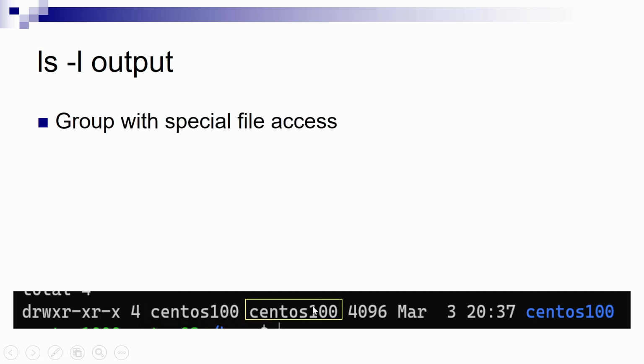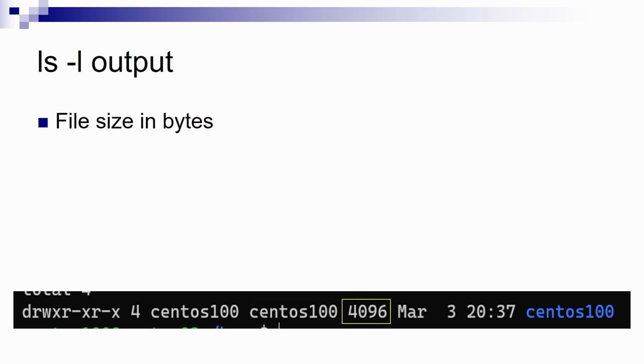And this other string represents a special group that has file access specifically granted to the directory or file. We are going to see how this is actually used in a later video, but the reason these are the same is because usually in Linux, when you create a user, it will also create a group with the same name as the user.